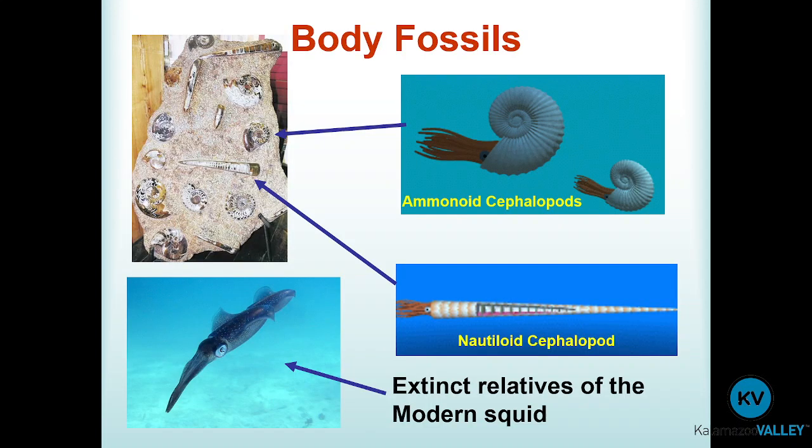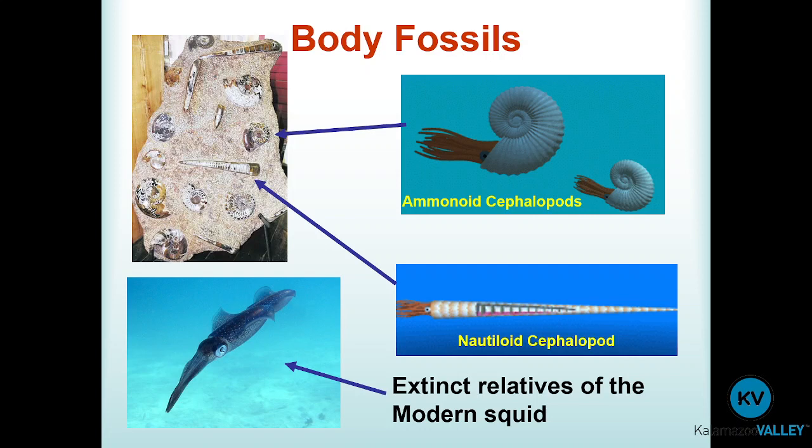By far the most common body fossils that we find are those of cephalopods, so squid-like, snail-like creatures. Their shells, their hard body parts left behind. These creatures are the ancestors of modern squids, and they're kind of like a combination of squids and snails.